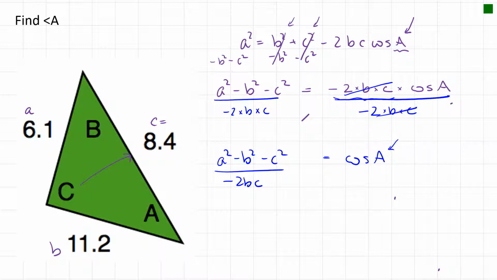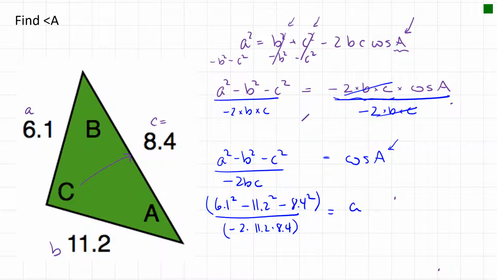So little a is 6.1 squared minus 11.2 squared minus 8.4 squared, all divided by negative 2 times 11.2 times 8.4. Now if you're entering this into the calculator, make sure you put brackets in the numerator and brackets in the denominator before you do the division.